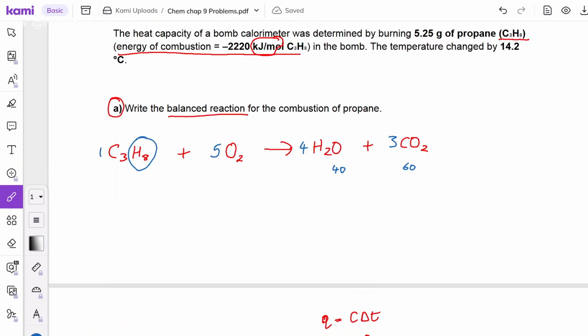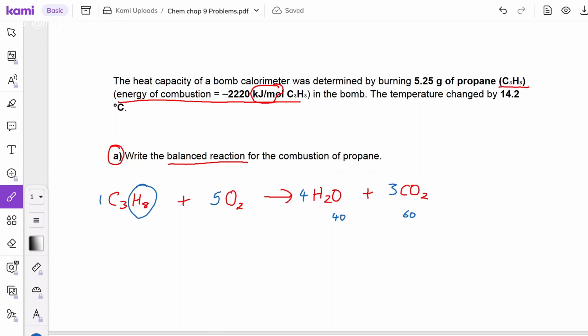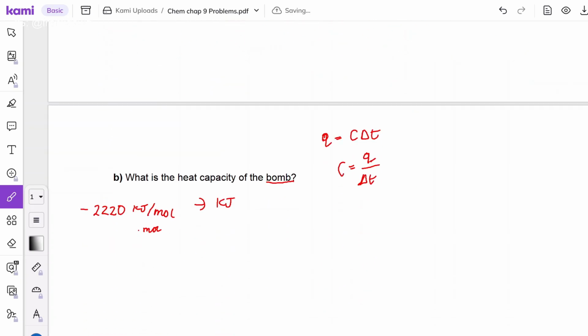And up here, another trick for this class is that usually you're given the formula for the substance, propane, and sometimes they expect you to find the molar mass. How to do that is to multiply the molar mass of C times 3 and the molar mass of H times 8, and it gives you the entire molar mass.